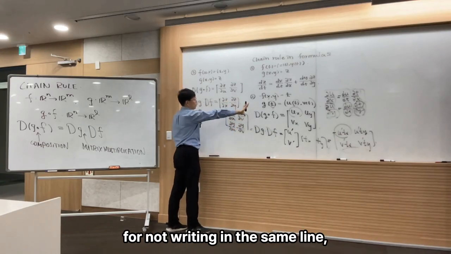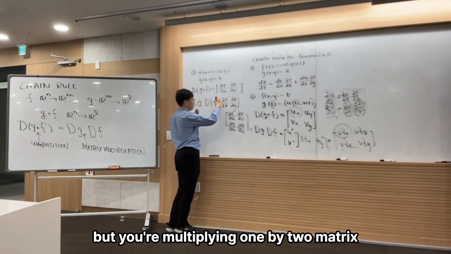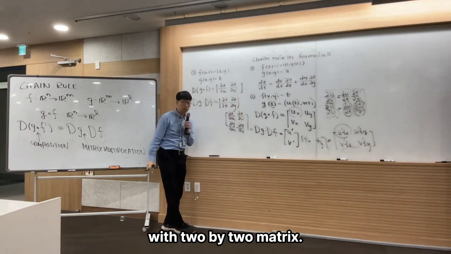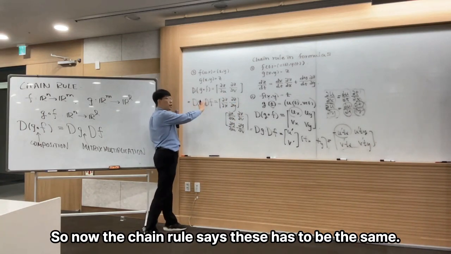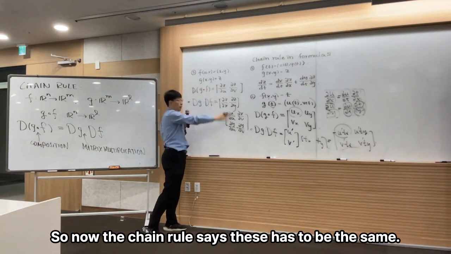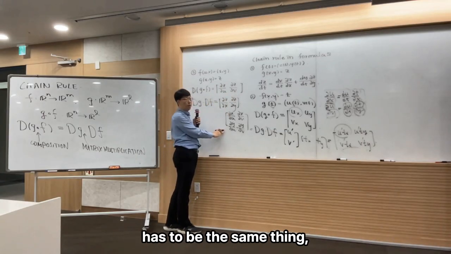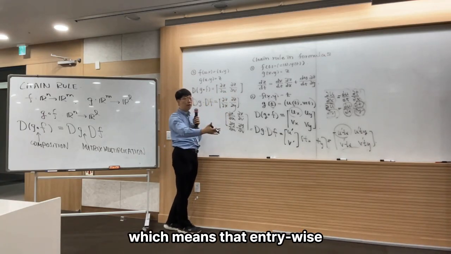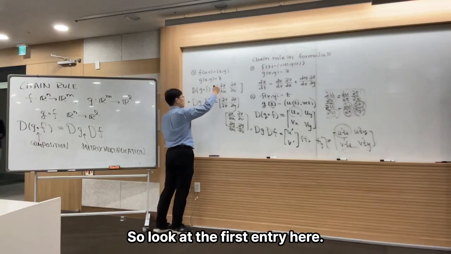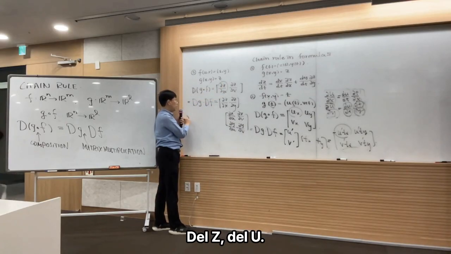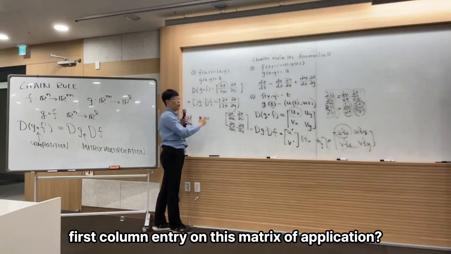Sorry for not writing in the same line, but you're multiplying a 1 by 2 matrix with a 2 by 2 matrix. So now the chain rule says these have to be the same. The 1 by 2 obtained by multiplying these two matrices has to be the same thing, which means that entry-wise they have to be the same. So look at the first entry here, del z del u. How do you obtain the first row, first column entry of this matrix multiplication?